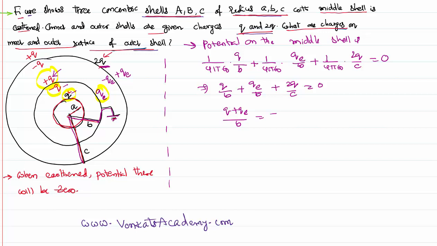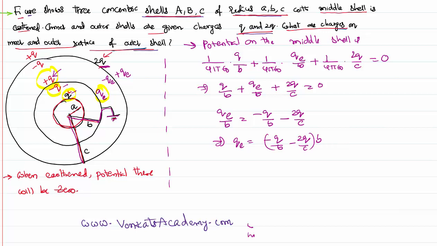let me rearrange the terms properly. We need to calculate how much QE is. So QE by b equals minus Q by b minus 2Q by c. That implies QE equals minus Q by b minus 2Q by c, into b.